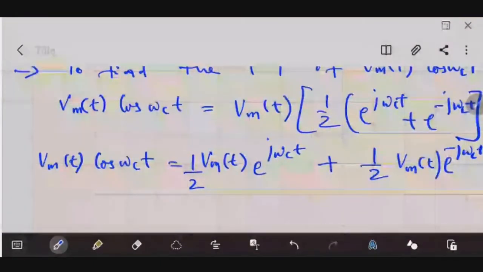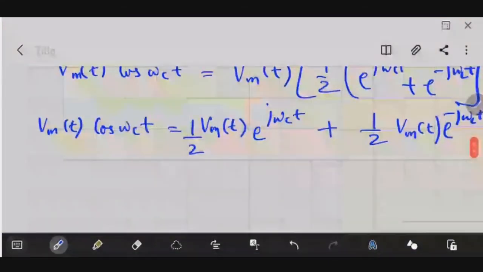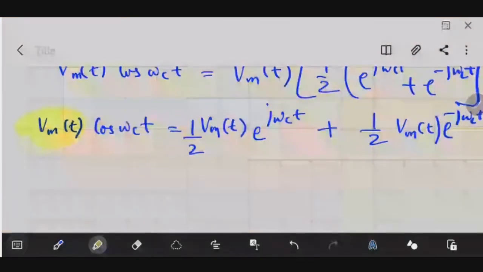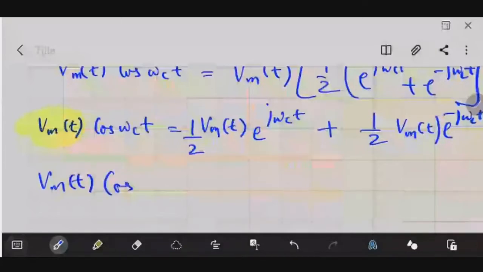Got it? Now, the Fourier transform of small Vm of t is actually capital Vm of omega. Can we write it in this way? Vm of t cos omega ct, after Fourier transform, the two-way arrow denotes that it is reversible.